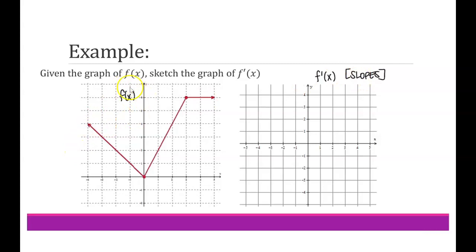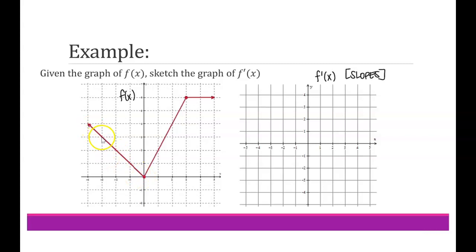So I'm going to come over here to f of x and recognize that this is a piecewise linear function. It's 3 different pieces and they are all lines, which is nice to start with because we can exactly identify the slope of each of these line segments. Let's start from left to right. On the left side of this graph, this first piece has a negative slope since the function is decreasing.